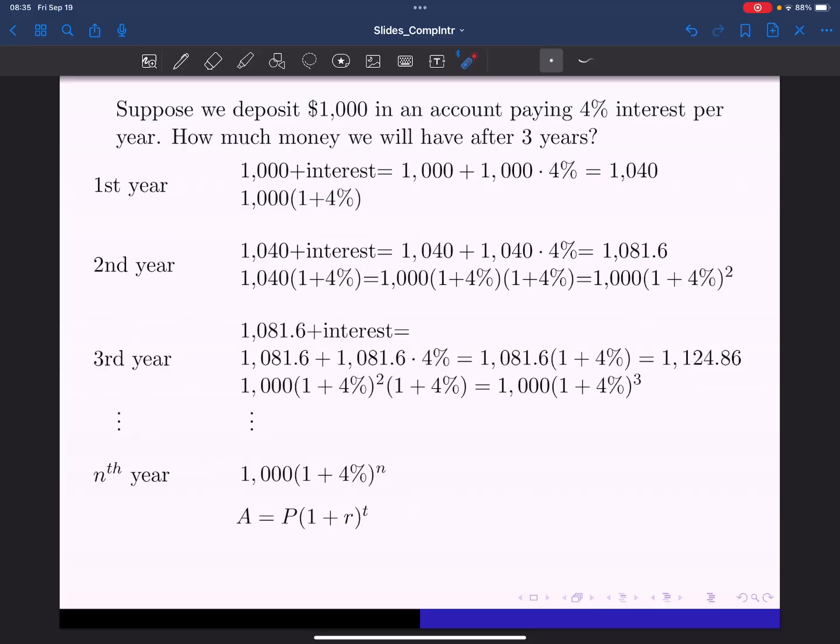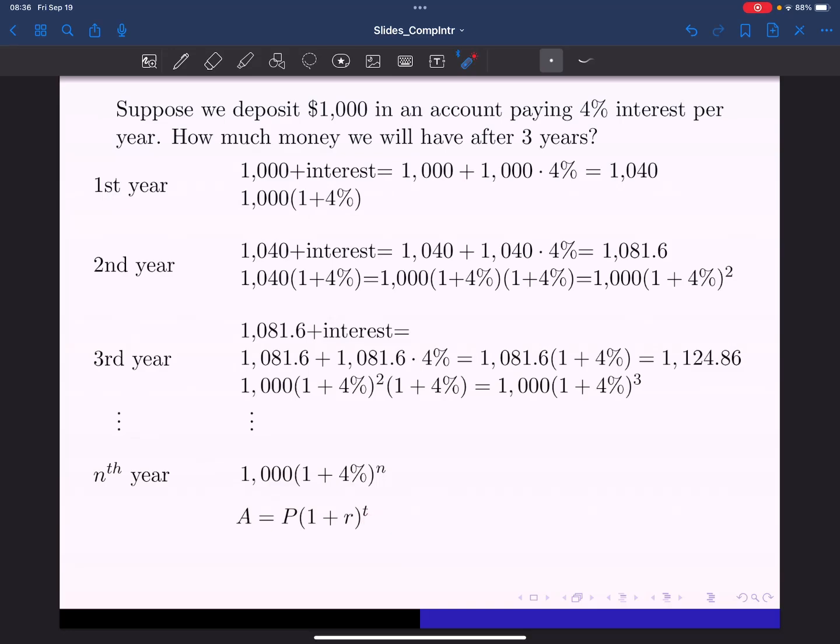So this is the simplified compound interest formula: the final amount is equal to the original amount that we deposit, call it P for principal, times 1 plus the percentage, to the power T, where T is in years.